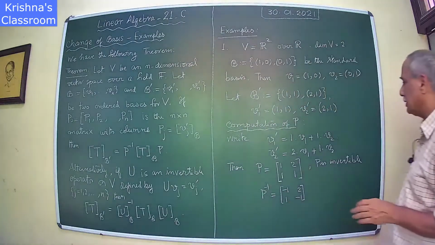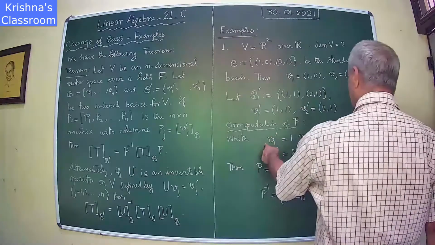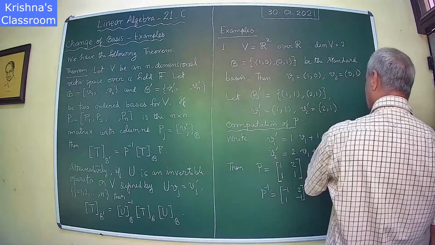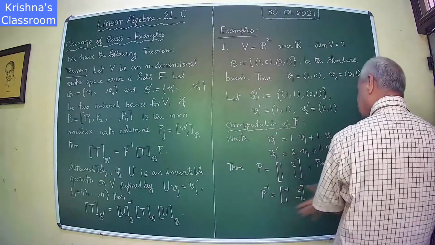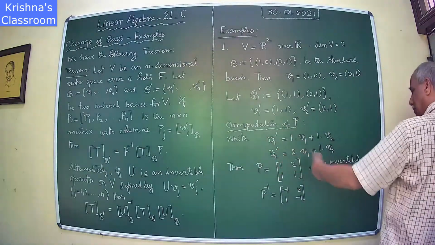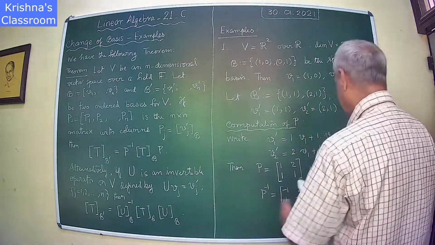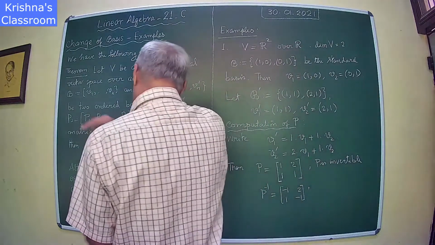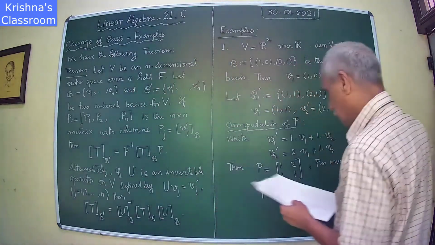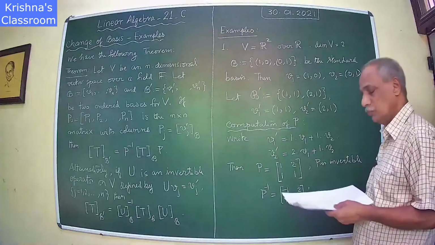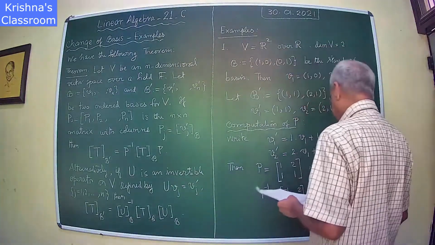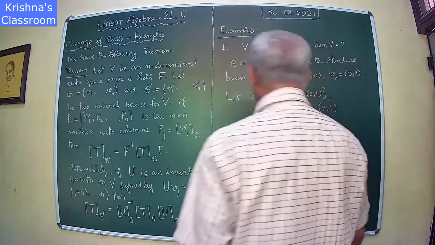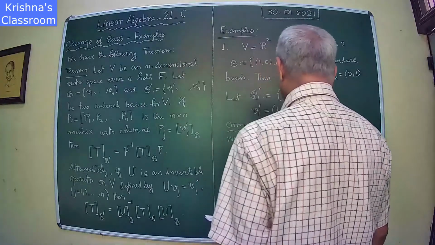Directly working out is you write V1 in terms of V1 prime and V2 prime, and V2 in terms of V1 prime and V2 prime, and then you do as you did in the case of P. That will give you the inverse, because it's going back from V1 prime, V2 prime to V1, V2. So P inverse computes to be this one. You can verify that. So now we have computed the P.